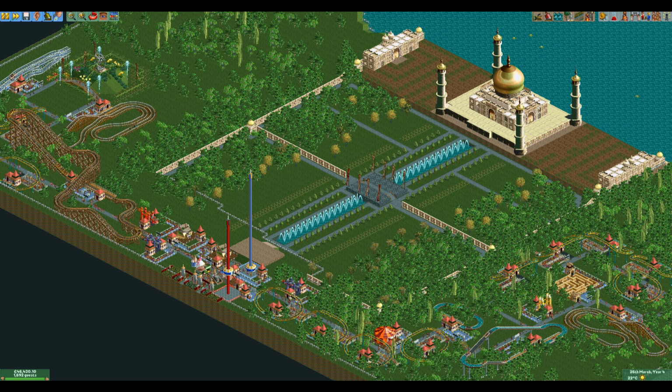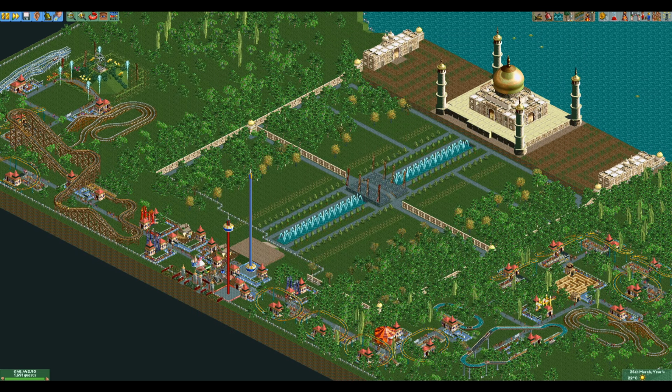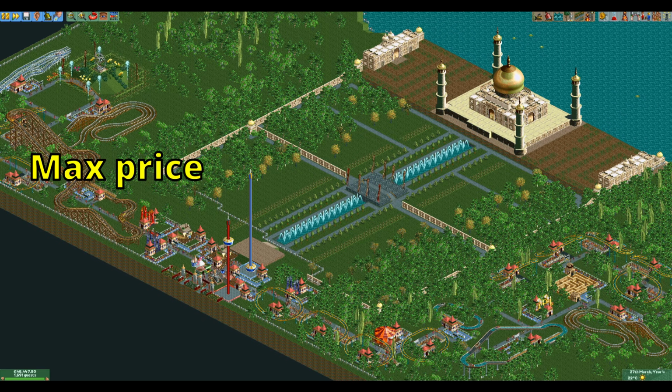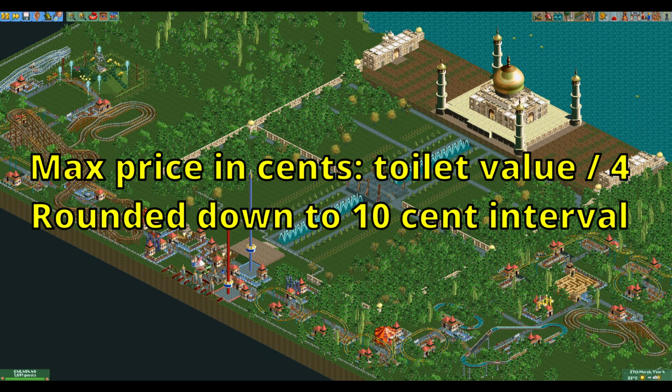There is a very simple formula that we can use to determine the maximum price that guests will pay. If you want the exact math, you can read Dirklink's guide, but it simplifies to this. The maximum price they want to pay in cents is their toilet value divided by 4 and then rounded down to the nearest interval of 10 cents.